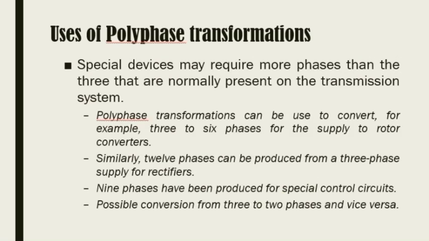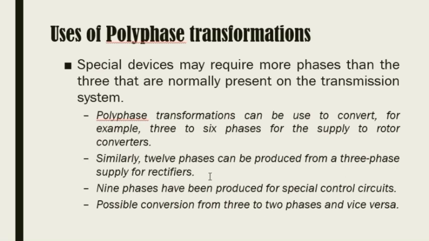There are special devices that require more phases than the 3 that are normally present on the transmission system. Polyphase transformations are used to convert 3 to 6 phases for the supply to rotary converters, for example. Similarly, 12 phases can be produced from a 3-phase supply for rectifiers.